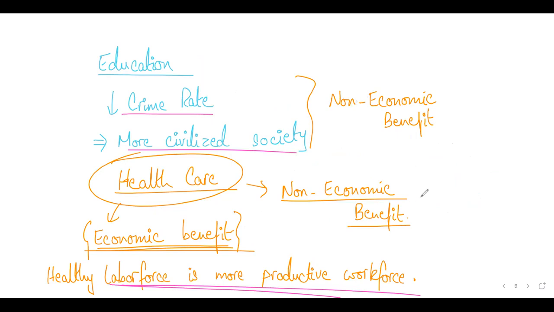And then on the non-economic side of healthcare, you can say people can live longer lives, they will be more happy, and can live longer and prosperous lives. Is it simple? Any confusion so far?